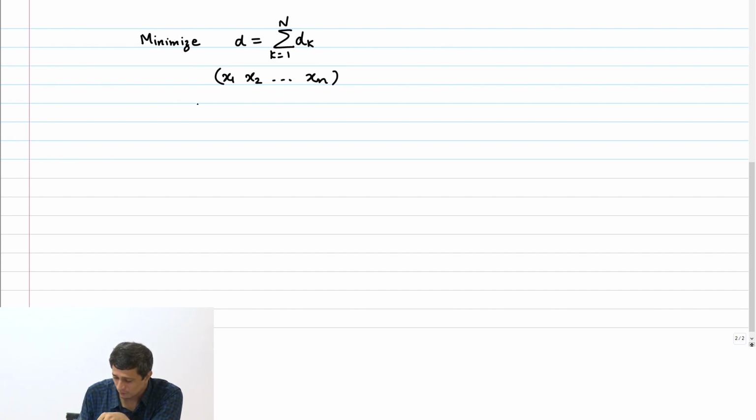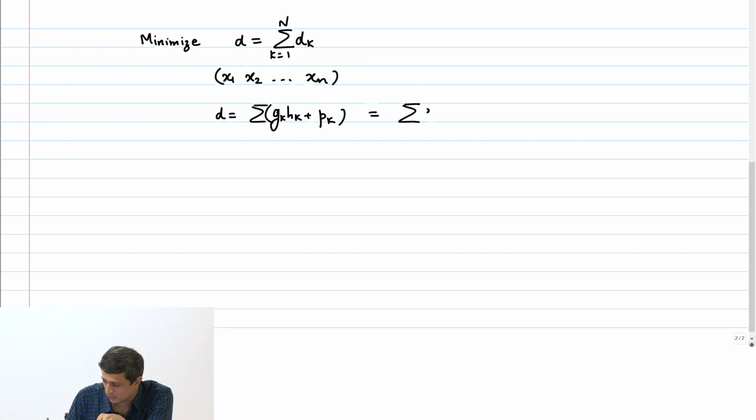Okay. So now let's go ahead and solve this problem. D is equal to summation of gk into hk plus pk. So this I will write as summation of gk into hk plus summation pk.